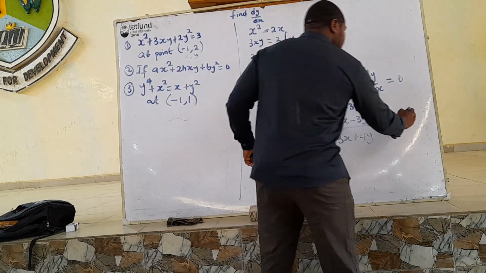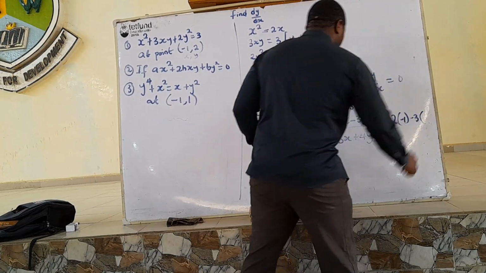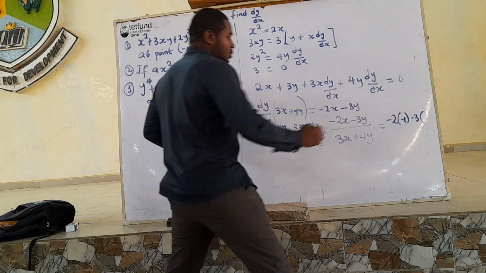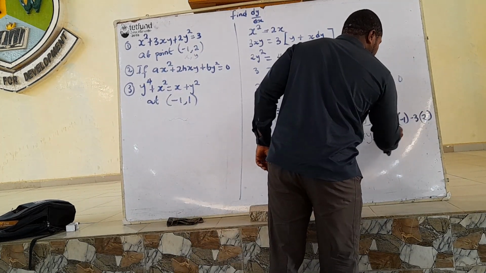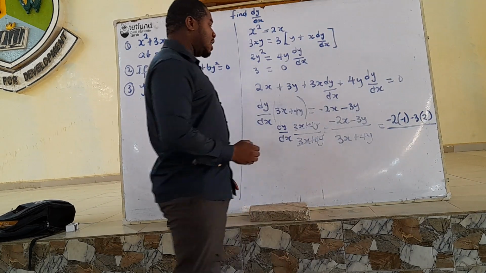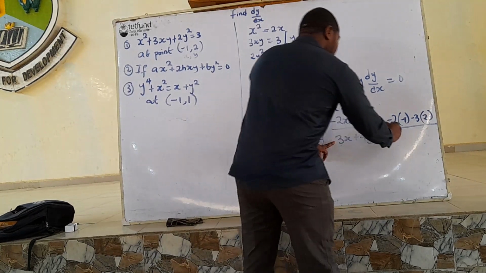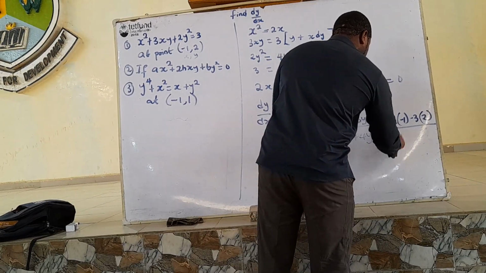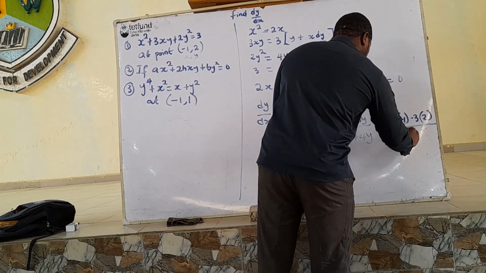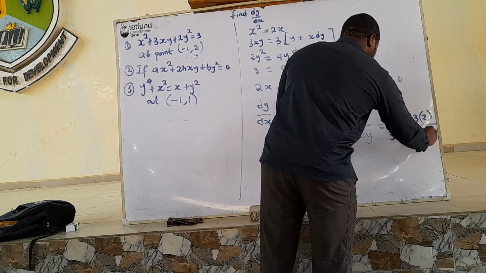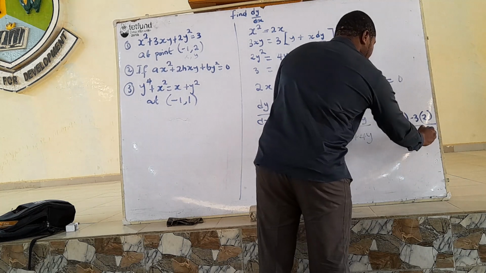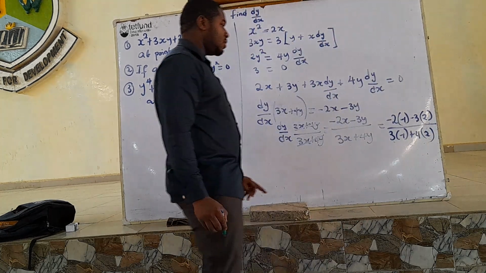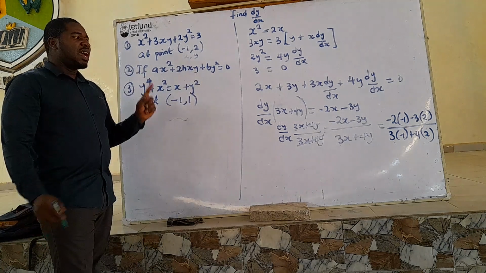Minus 3 into what? What is y? Minus 2. So I'm going to divide by 3 into minus 1 plus 4 into minus 2. Now it's very simple.